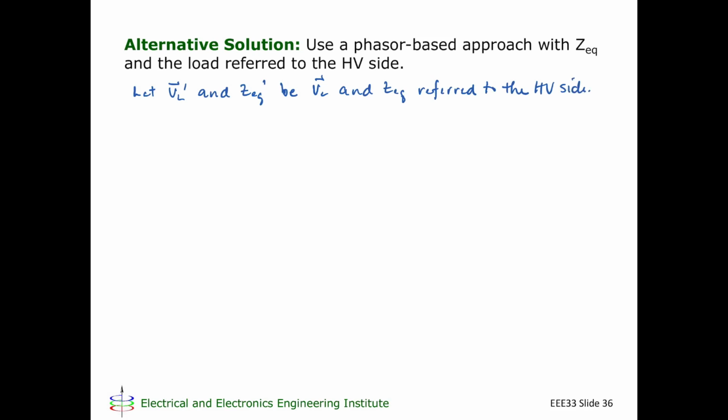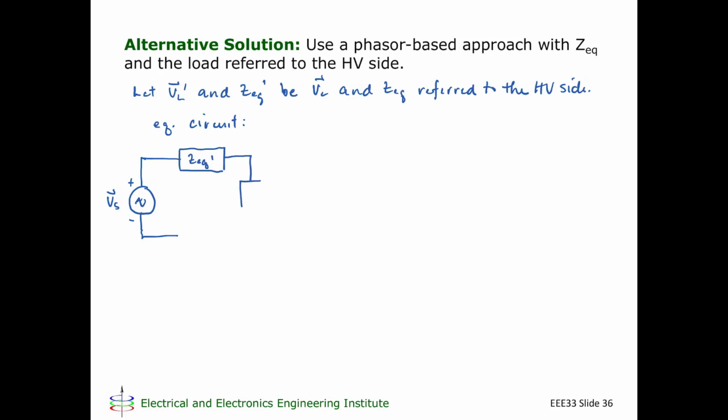Okay. My equivalent circuit is going to look as follows. I will have my source voltage V sub S. I will have Z equivalent referred to the high voltage side, which is Z equivalent prime.